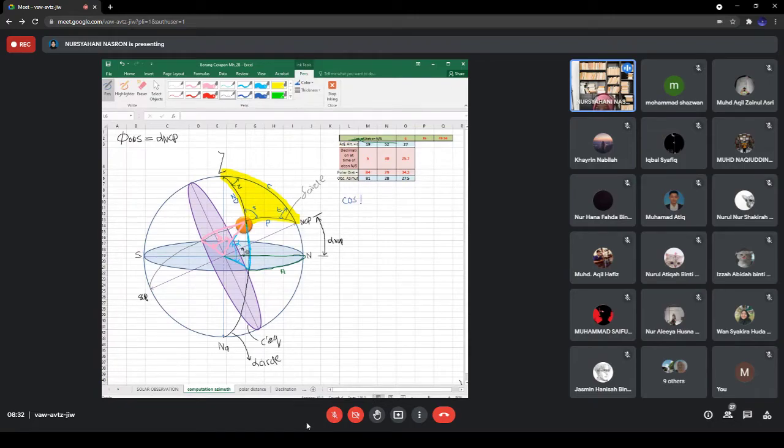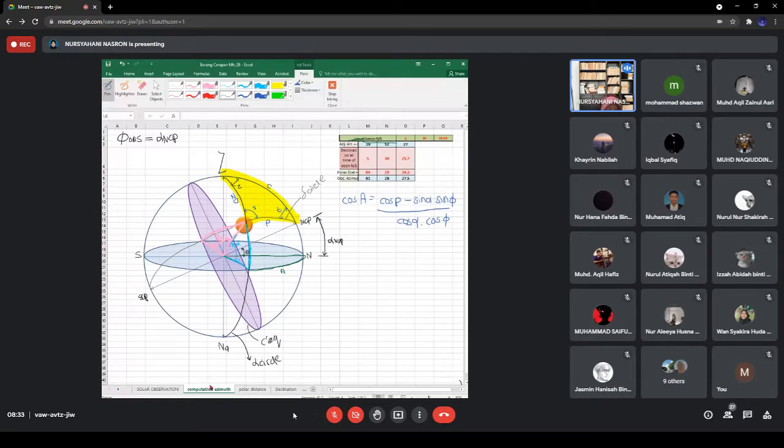The formula is on your form, below the observer details. Cos azimuth will equal to cos polar distance minus sine altitude multiplied by sine latitude, divided by cos altitude times cos latitude.